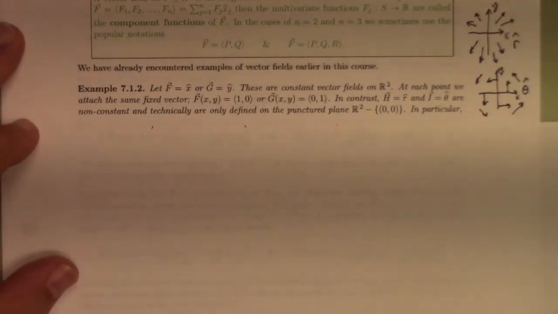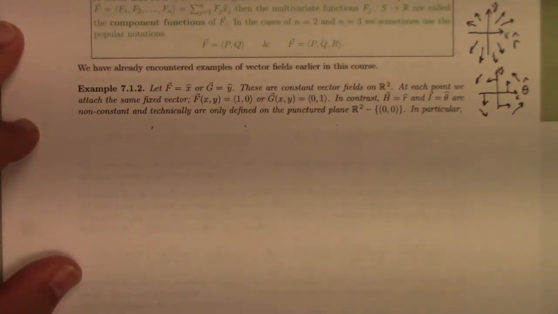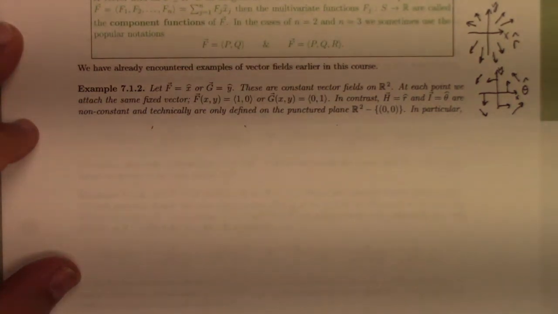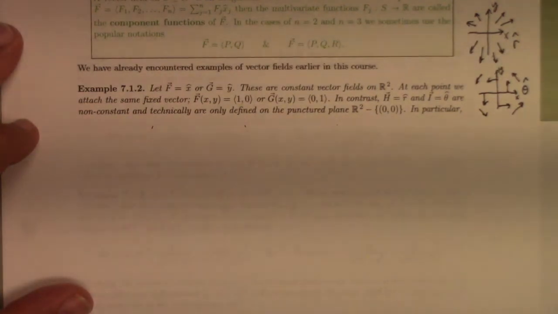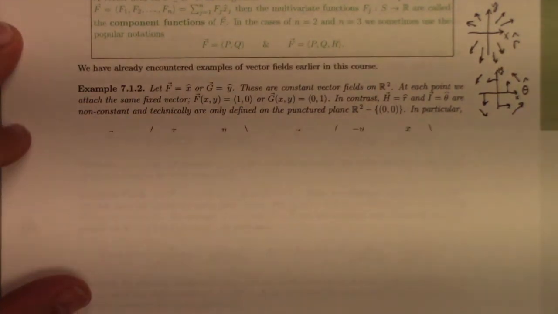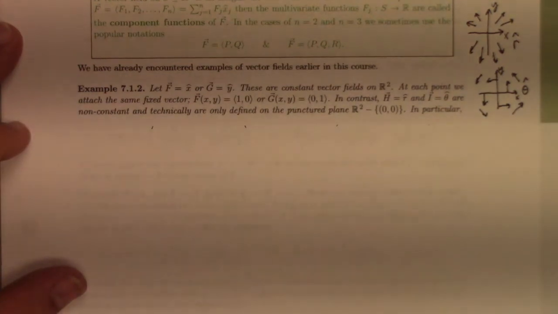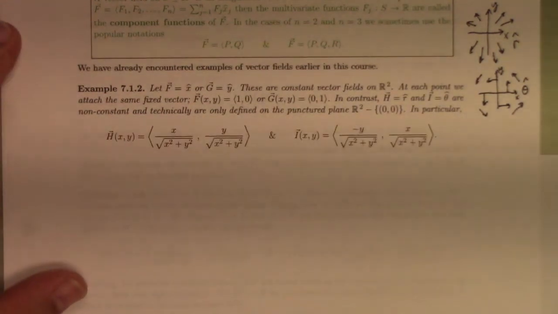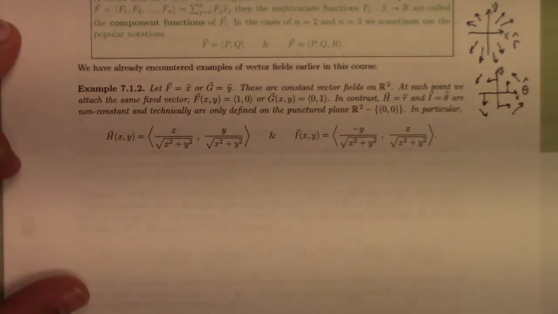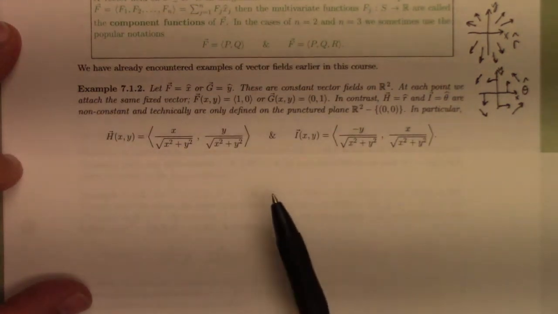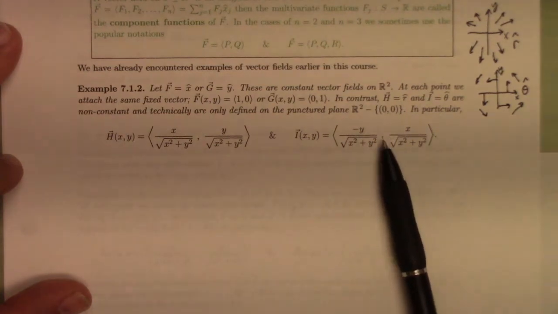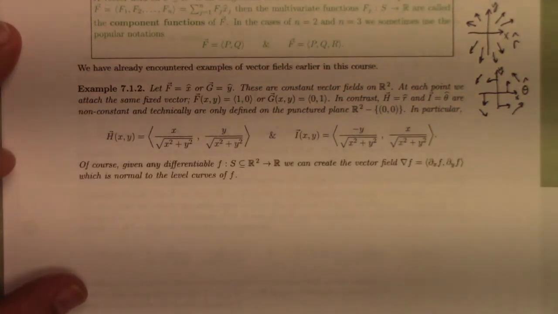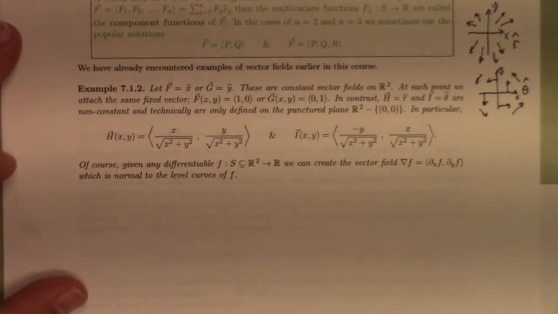I suppose theta hat is defined on the punctured plane, the plane without the origin, and likewise we don't define r hat at the origin either. So technically r hat and theta hat are vector fields on the punctured plane, and here are the formulas for them in Cartesian terms. This is r hat, this is theta hat.